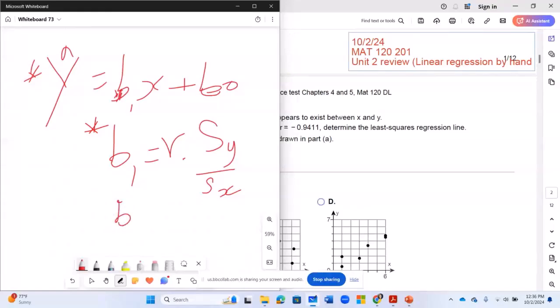Also, the y-intercept b0, we are told to calculate that. The y-intercept is the mean of the response variable minus the slope of the predicted equation multiplied by x bar, all given to us.